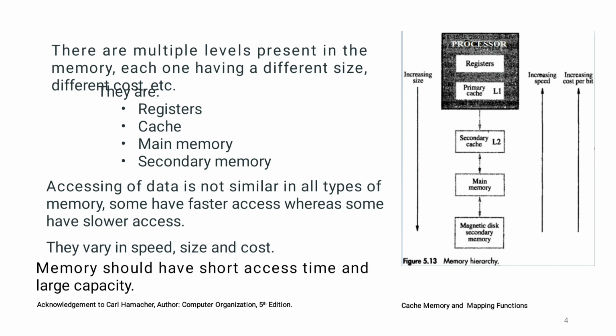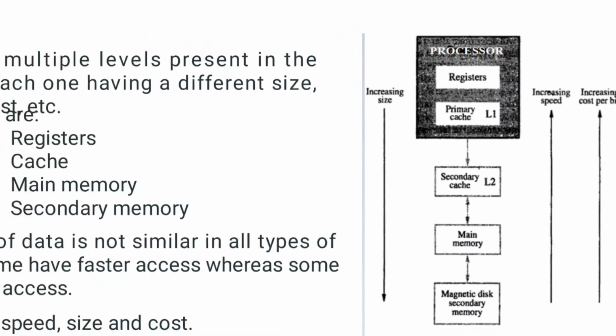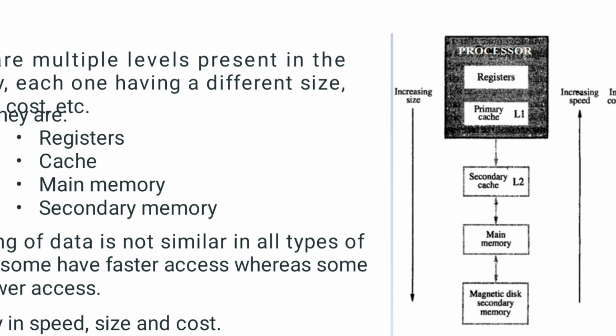So if you consider the memory hierarchy here, we can see the black part here, that is the processor. It has registers and part of cache on chip with the processor, that is called primary cache. And then we have secondary cache, that is the cache outside the processor.